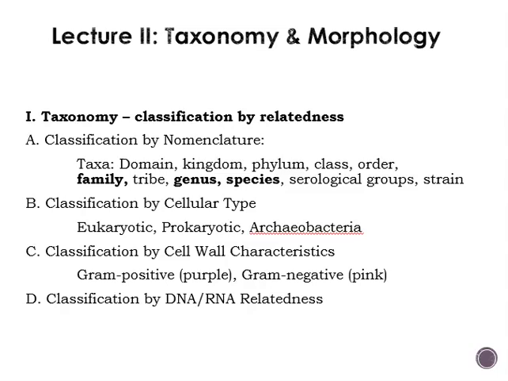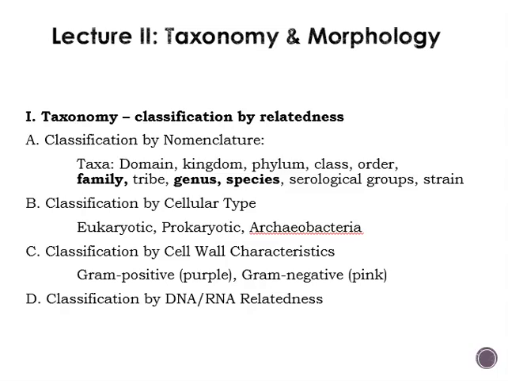This includes microorganisms that are able to grow in extreme environmental conditions. An example of that would be halophiles, which means salt-loving, so those organisms that are able to live in the Great Salt Lakes.